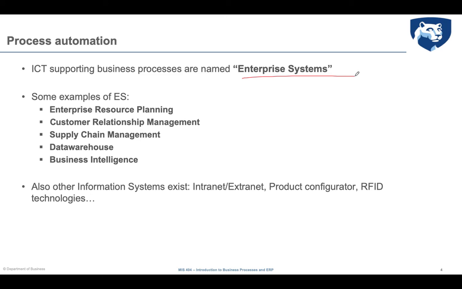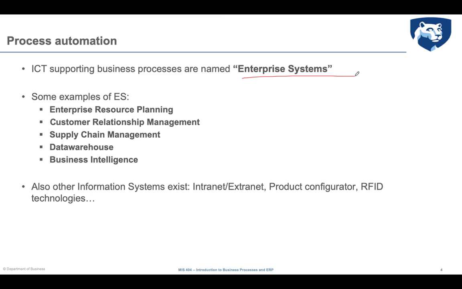And we distinguish some types of enterprise systems, like the ones that you can see here. We can differentiate between enterprise resource planning, customer relationship management, supply chain management systems, data warehouse, and business intelligence. What's the difference?